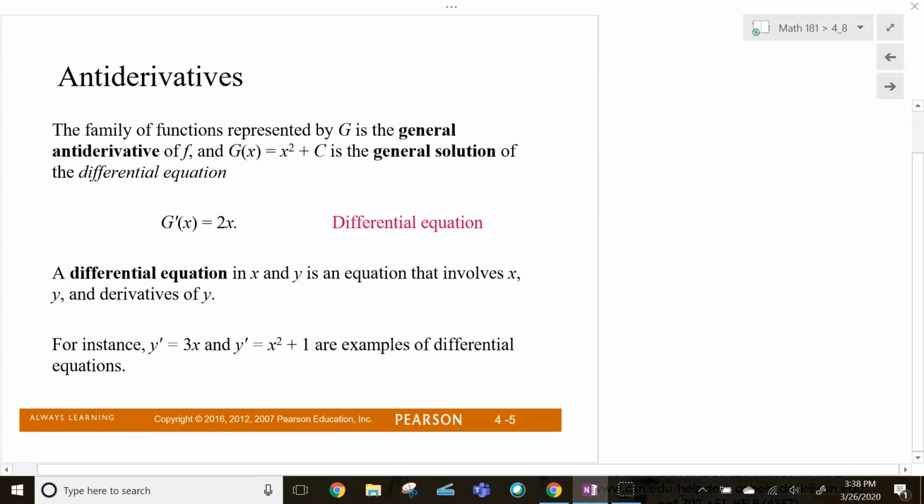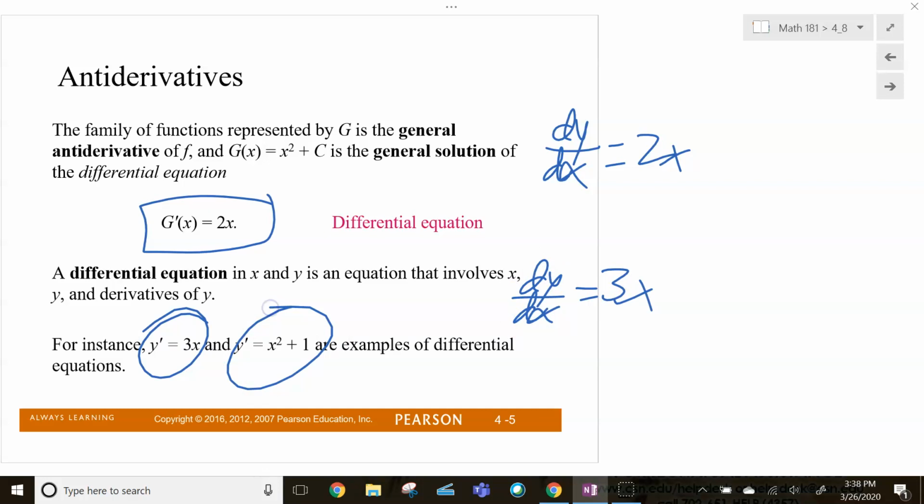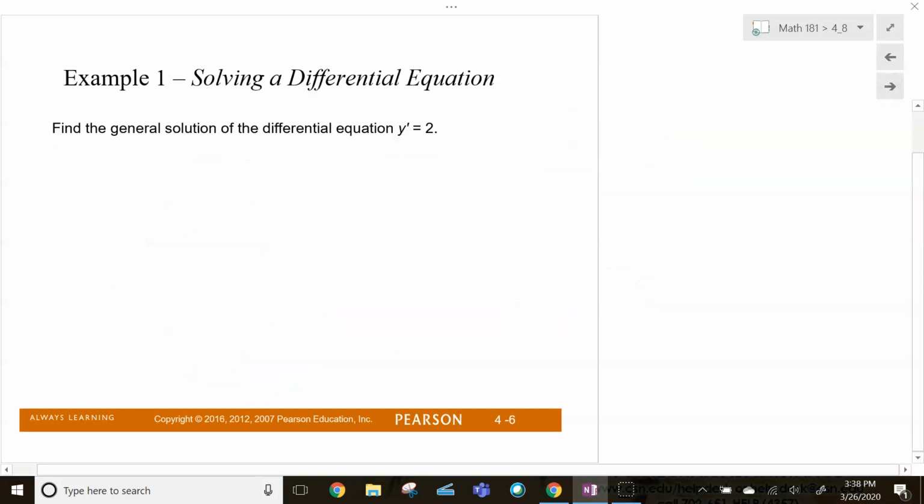These are differential equations. We've been expressing them as dy/dx. That's a differential equation. y prime is 3x is another differential equation, or x squared plus 1. Those are all differential equations. So let's say we've got dy/dx, or y prime, is 2. I'm going to note this in a couple different ways.